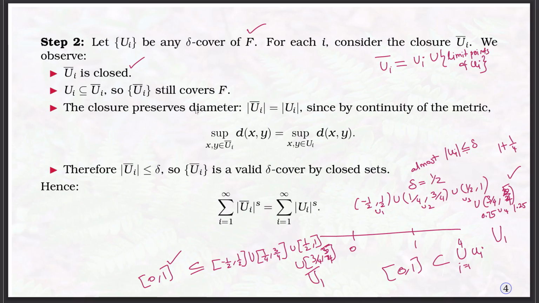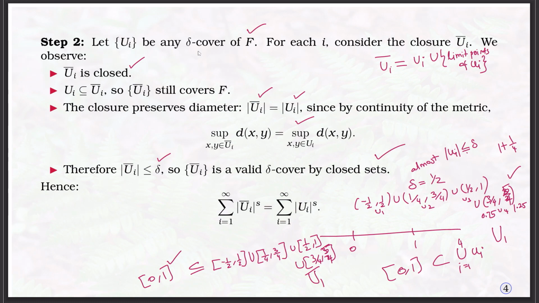Therefore, the closure preserves the diameter, that means the diameter of Ui closure equals the diameter of Ui, since by the continuity of the metric, the supremum over any pair of elements in Ui of the difference is equal. So, the diameter of Ui bar is less than or equal to delta. So, Ui bar is a valid delta cover by closed sets.